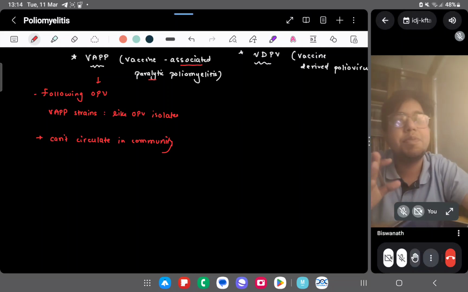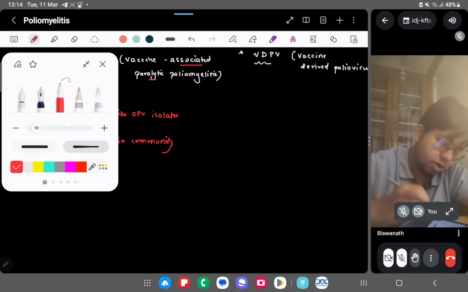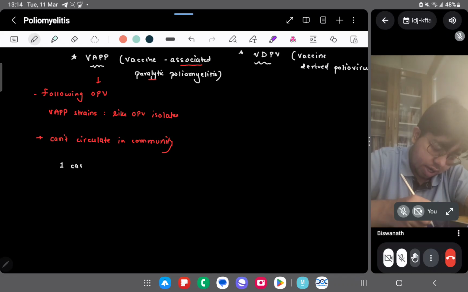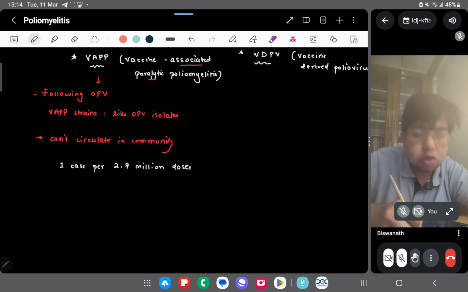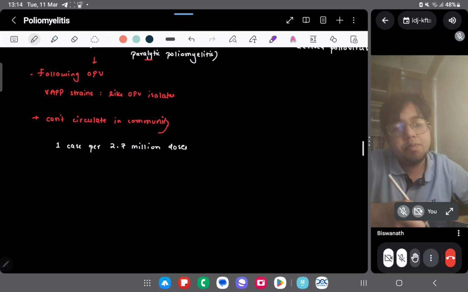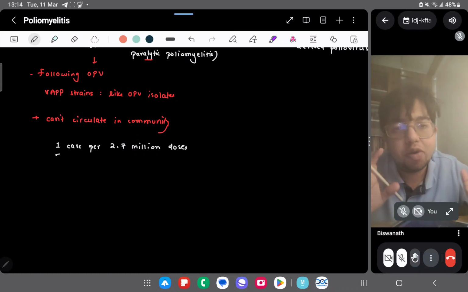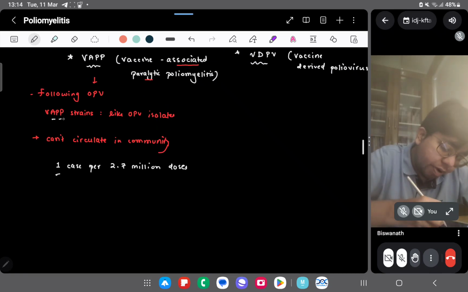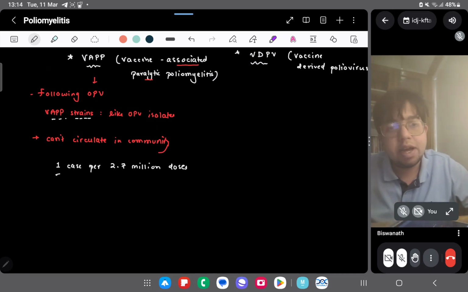Like one case per 2.7 million doses of OPV. So if you give 2.7 million people OPV, then only one case will be noted, and this one case will have a VAPP strain.